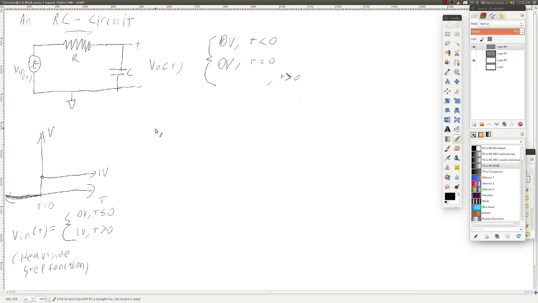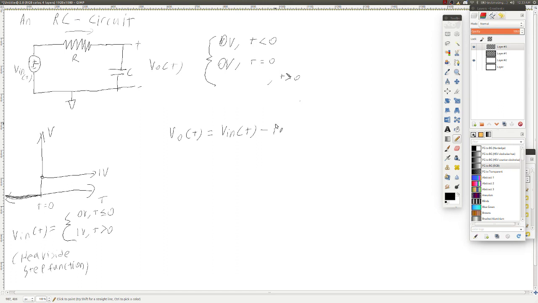So we know that V out here is going to be equal to Vn as a function of t minus the current through this resistor times the resistor itself, so we get the voltage drop.